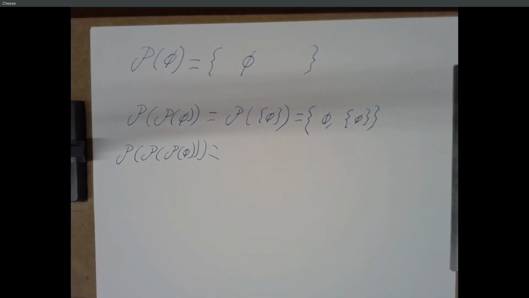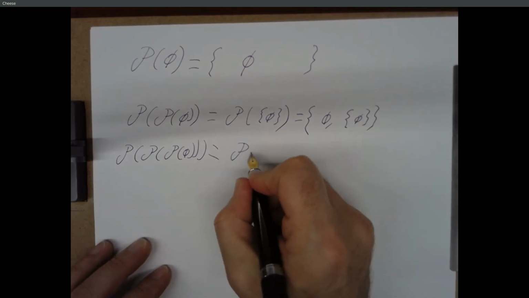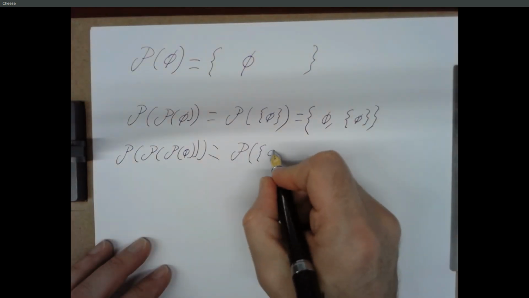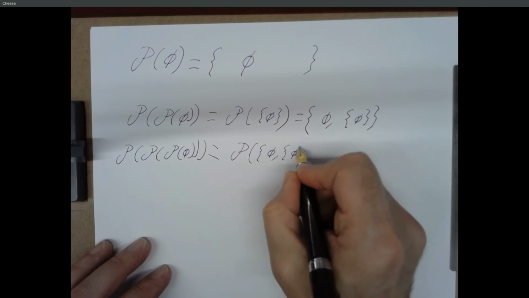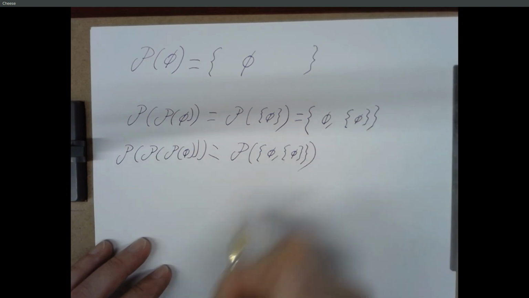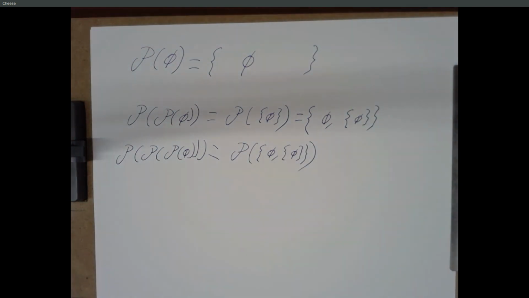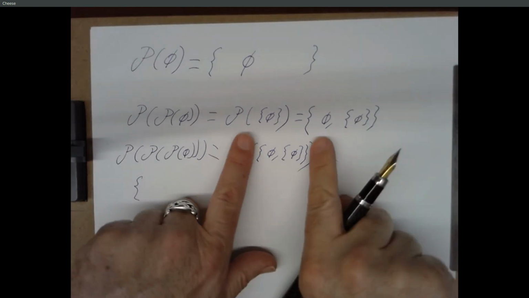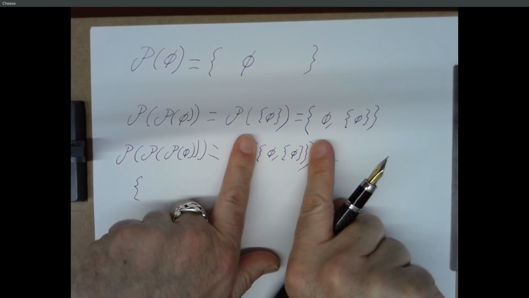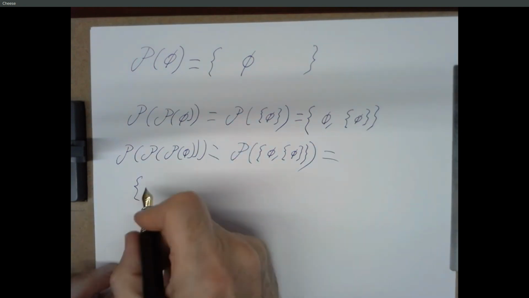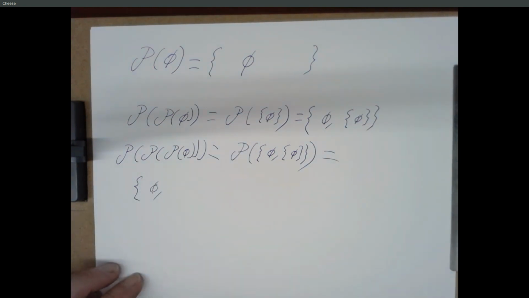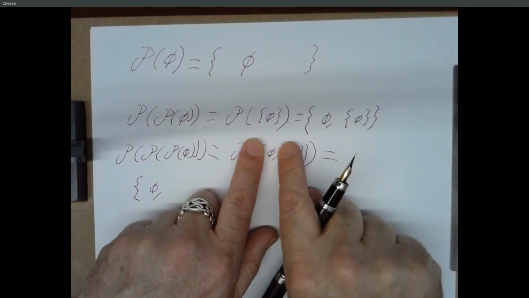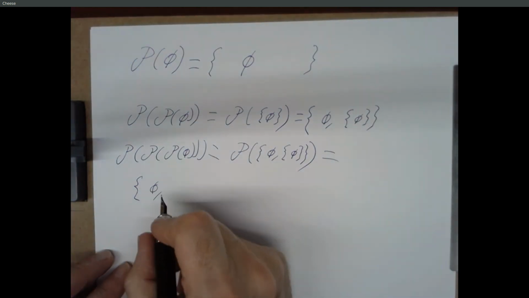If we do the power set to the third, that's going to be the power set of this set. And it should be a set containing four things, all the subsets of this. So what are the subsets? The empty set's always a subset. The singleton set containing this first element.